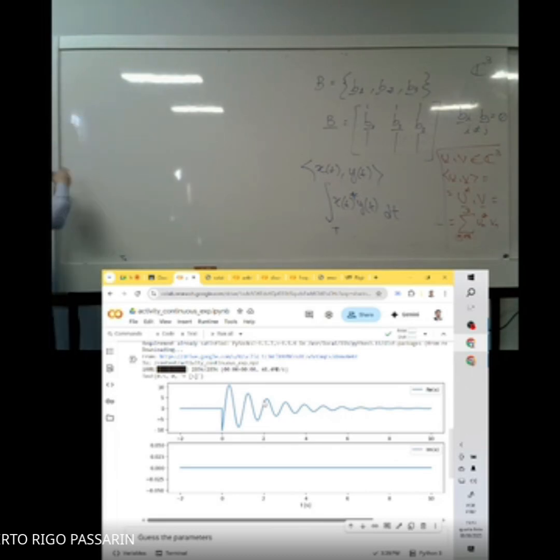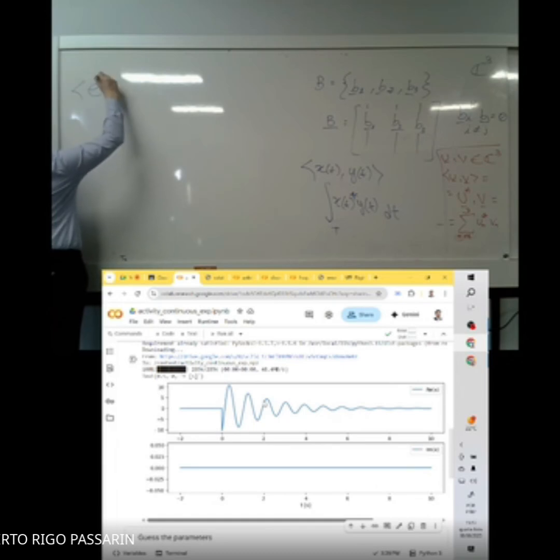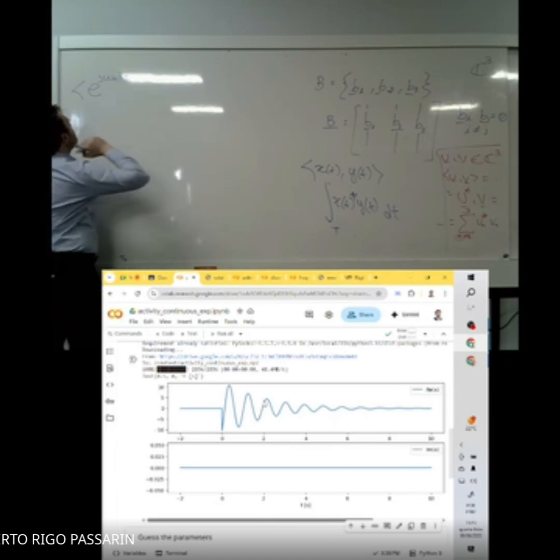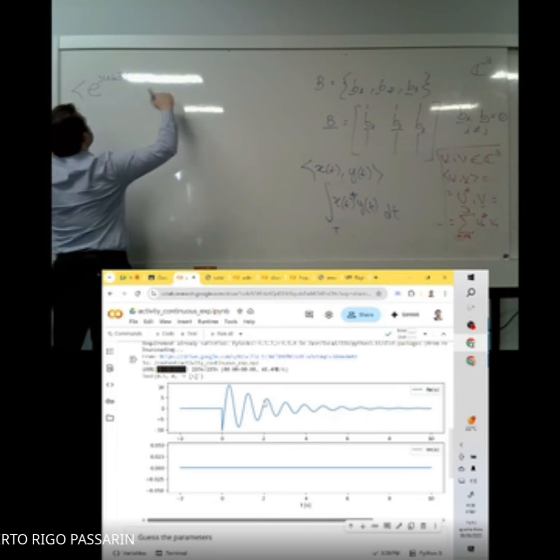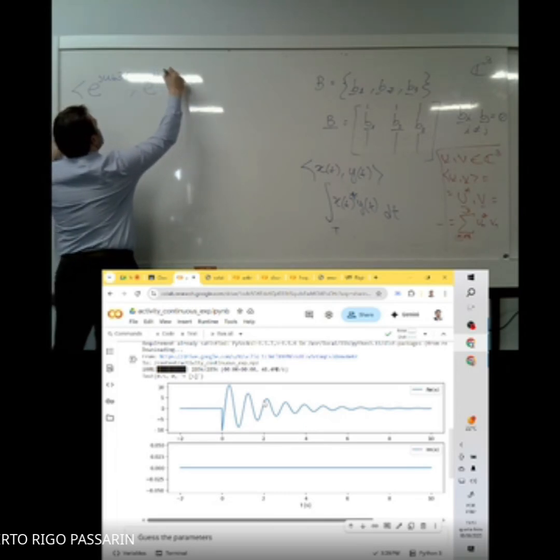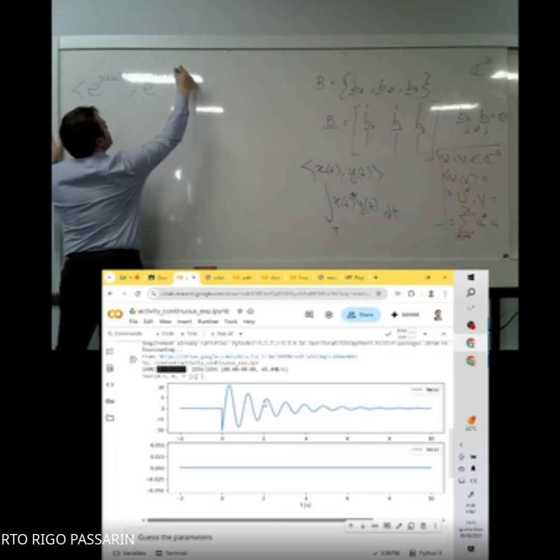Let's do the inner product between e to the j omega 0 3 t, so it's 3 times the fundamental frequency of some arbitrary signal, and e to the j omega 0 2 t.